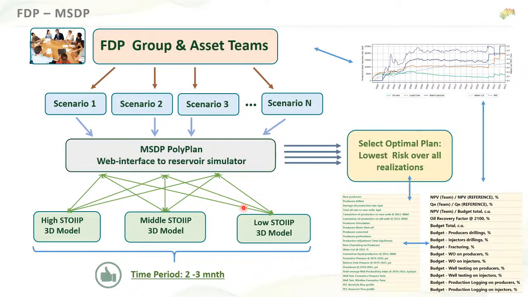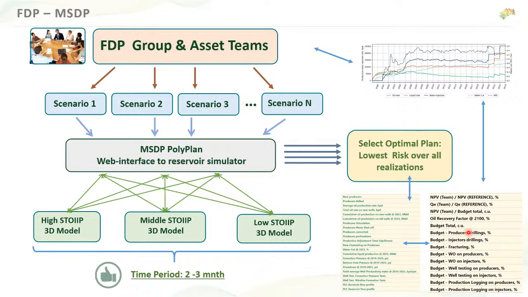The simulation team is doing the same work, but if they have to do it all by scenario, write it into the simulator data file, it will take much more time. Plus, here in MSDP, we are also getting different metrics with each realization, with each activity.